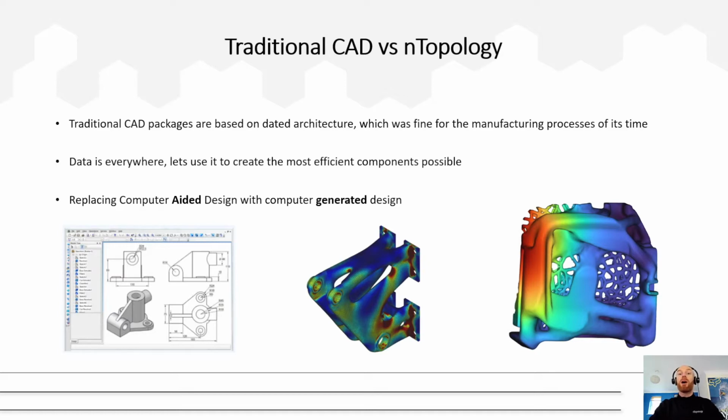And this is the backbone of nTopology's design philosophy. So with nTopology, rather than using computer-aided design, we're using the technology at our disposal, along with real data, and asking the computer to generate our design. Using computer algorithms, we can automate the creation of optimized shapes that humans wouldn't even dream of. And even if they did, it would take them days, if not weeks, to create.